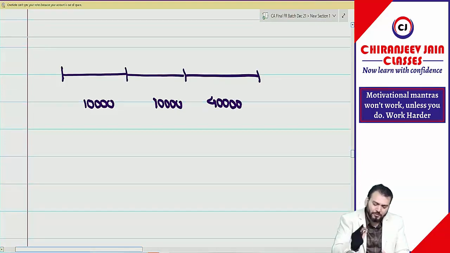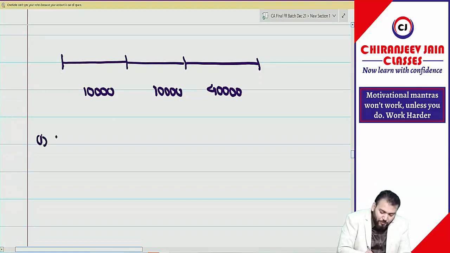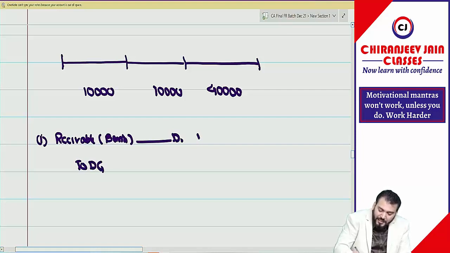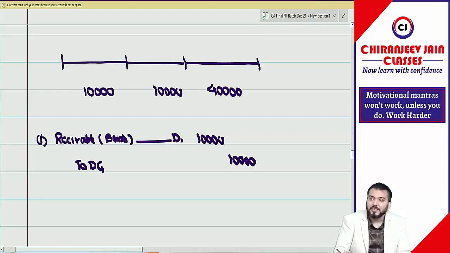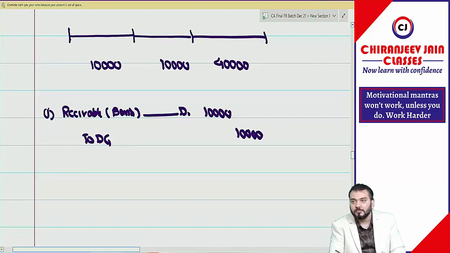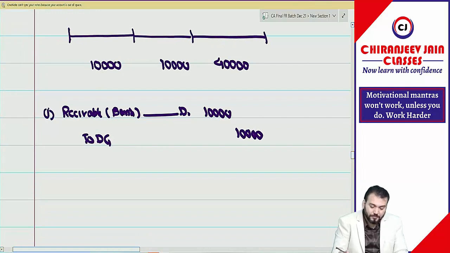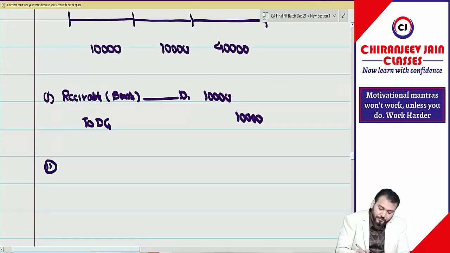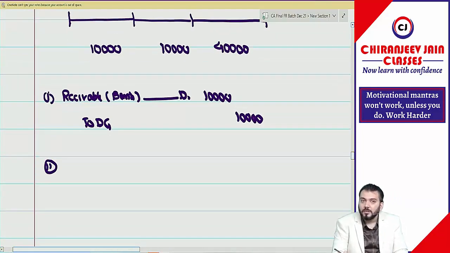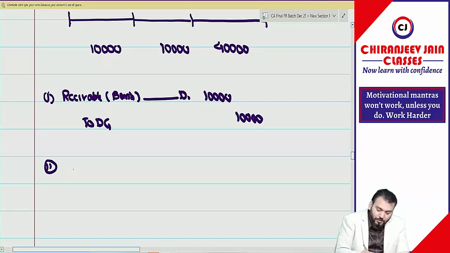The first journal entry you will do: receivable or bank account debit, to deferred grant 10,000. Understood. How much are you amortizing, based on that allocation? So what journal entry are you doing?